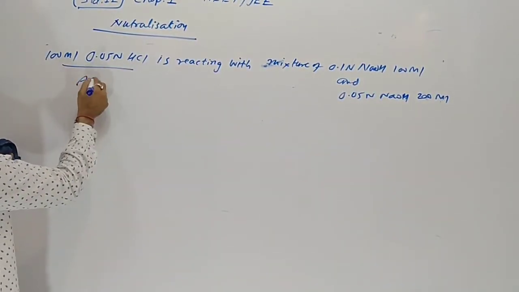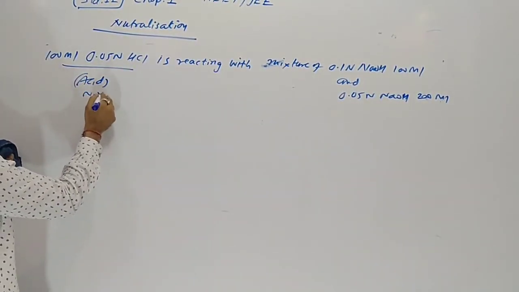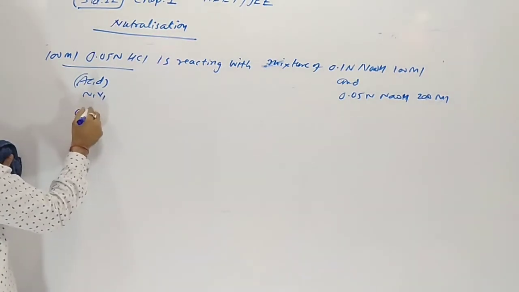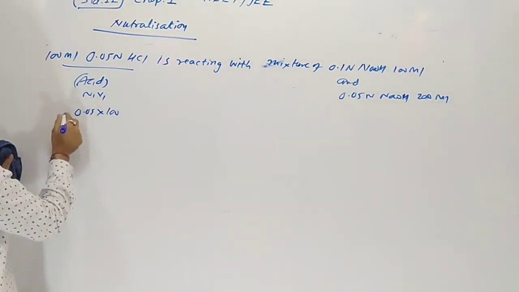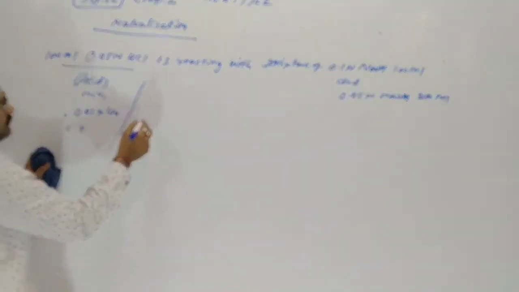Here acid N1V1 is 0.05 into 100, which gives 5.